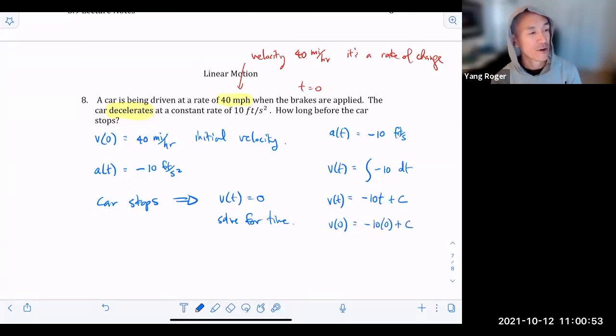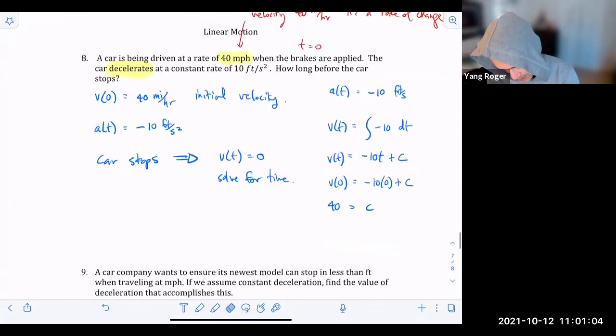But my v of 0 is what? Well, we just said our initial velocity was 40. So this should be 40 is equal to c. So this tells us that our velocity function is -10t plus 40.